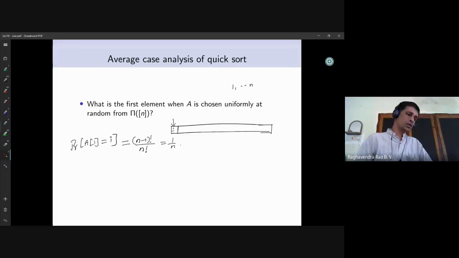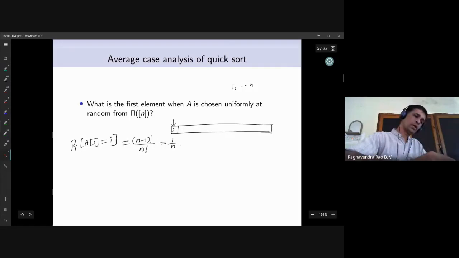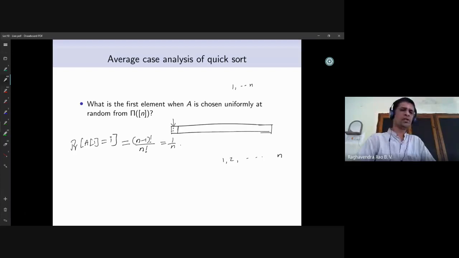So pause for a moment and let's think of randomized quicksort on 1 to n. Suppose the array consists of 1 to n, and let's also imagine that they're in that order. Then you can say, what is the point in sorting? Yes, there is no point in sorting, but we are just analyzing. This also works for any permutation of 1 to n.